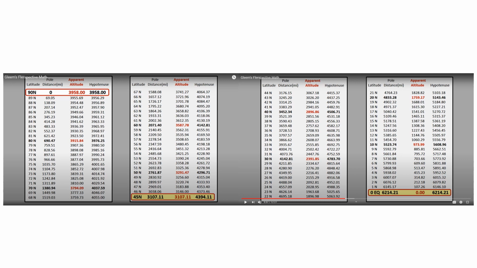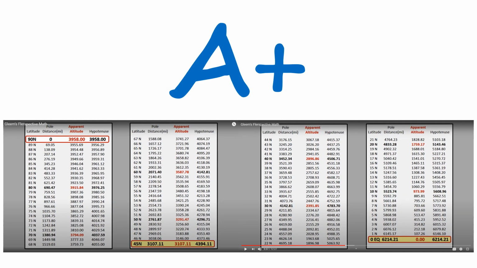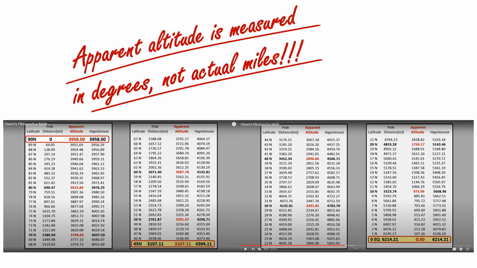So Polaris is literally sitting on the surface of the Earth. Now I will give Gleem an A+ for the math because every one of these calculations is correct. There's just one little problem. The apparent altitude is measured in degrees, not actual miles. So I'm taking that A+ away and marking your paper F for failure.